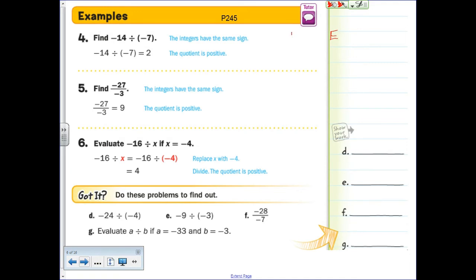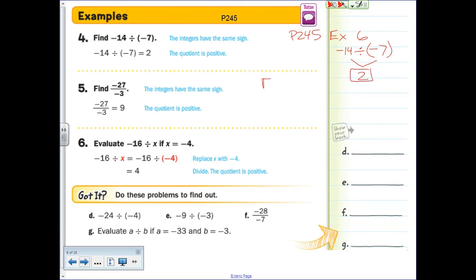Example 4, and this is page 245, by the way. Example 4 says negative 14 divided by negative 7. And again, because they have the same signs, we're just going to kind of ignore those negatives, and it's just going to be like 14 divided by 7, which is positive 2.